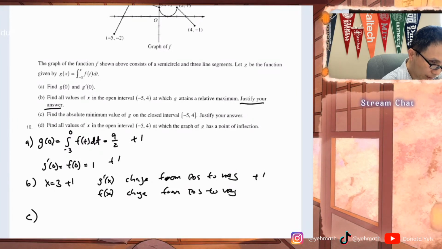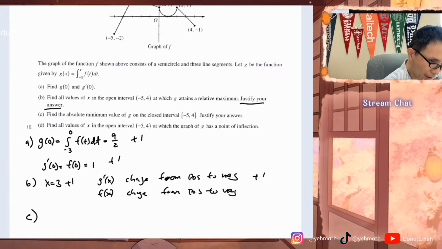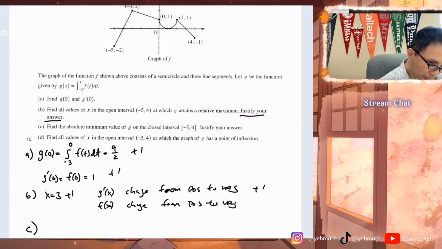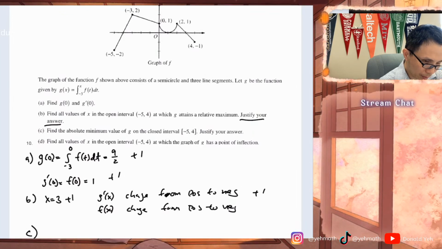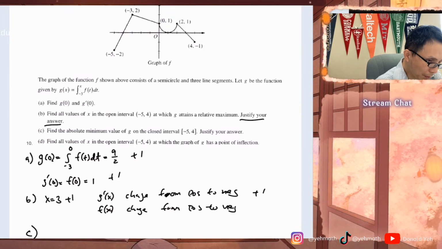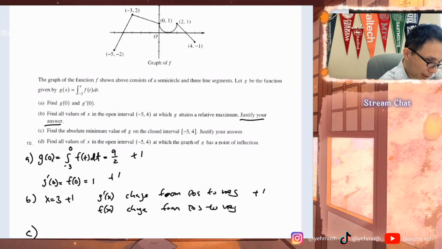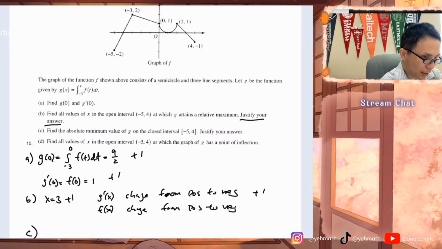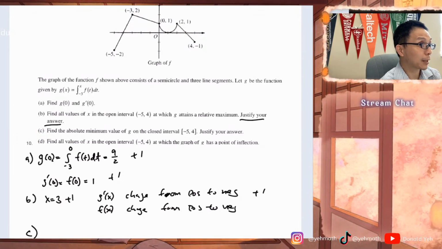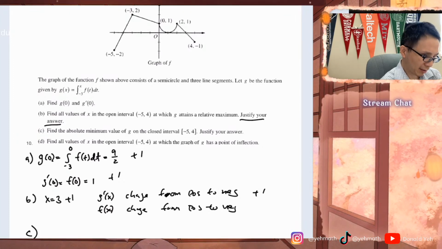C. Find the absolute minimum value of g on the interval -5 to 4. The problem with this part is people need to understand that when they reach a minimum, it's going to be from negative to positive. Does that make sense?